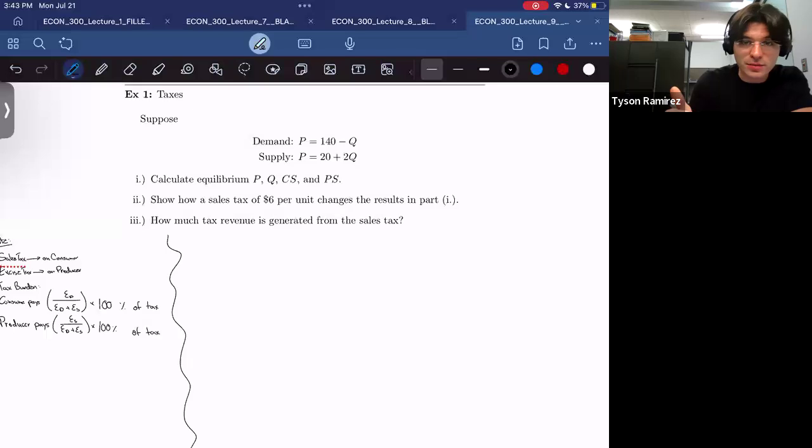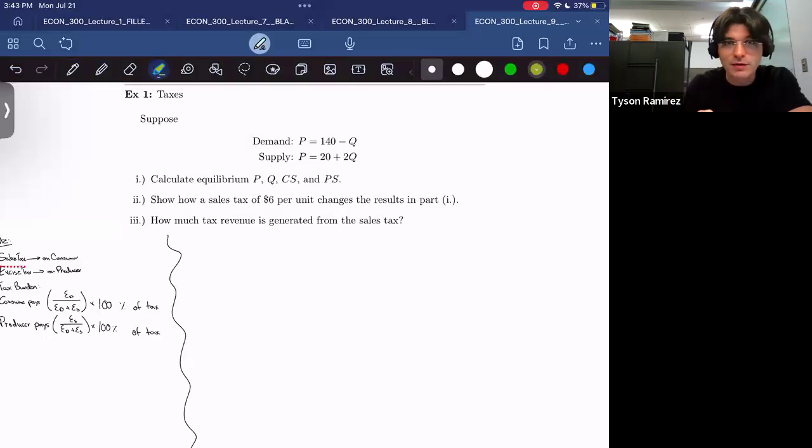Let's consider a tax example. Suppose that the demand is given by P equals 140 minus Q, and suppose that supply is P equals 20 plus 2Q.